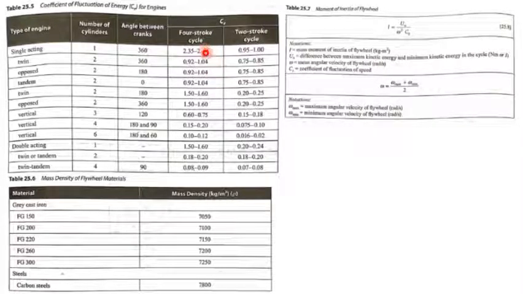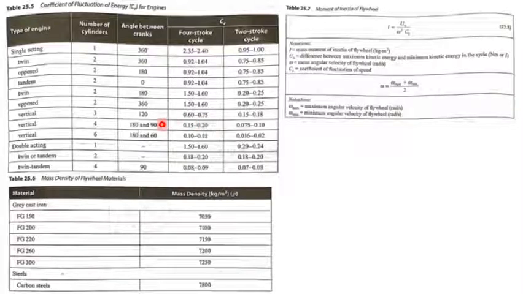So we can see in single acting and double acting engines, the fluctuation of energy is quite high in case of 4-stroke engine. So this data might be useful in future, but as far as our syllabus is concerned, we may not come across this table.